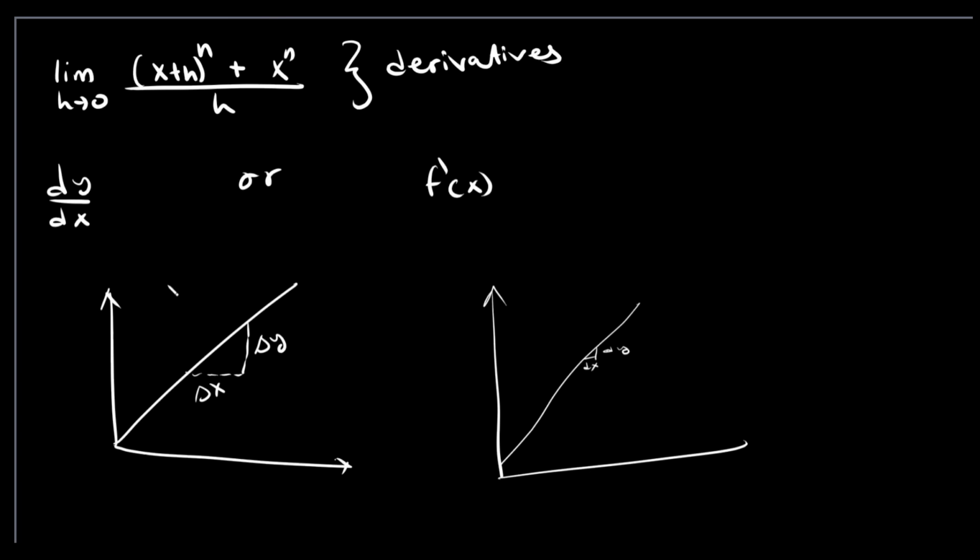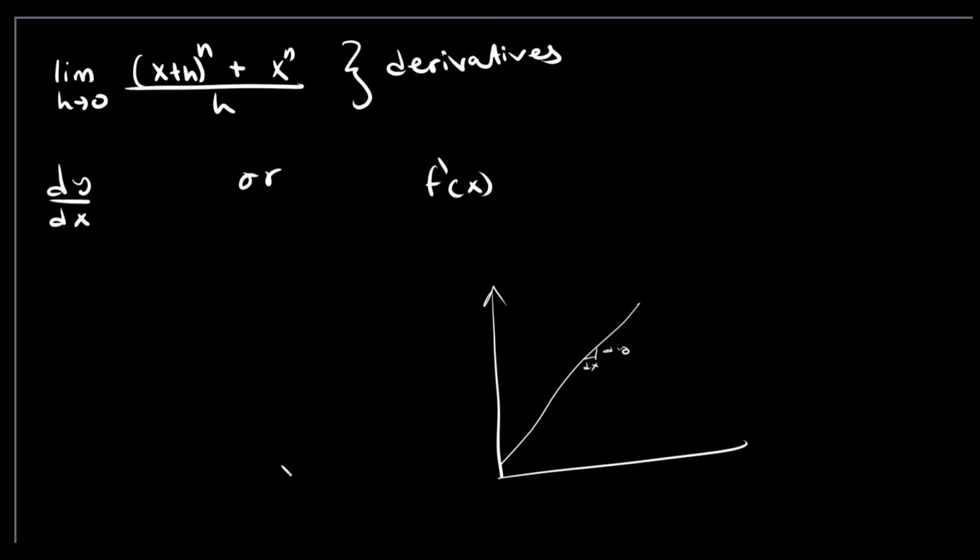This is something I will explore along the line at the end of Calculus 1. But for now, you don't have to worry about this. For now, you just need to worry about how to calculate the derivatives.